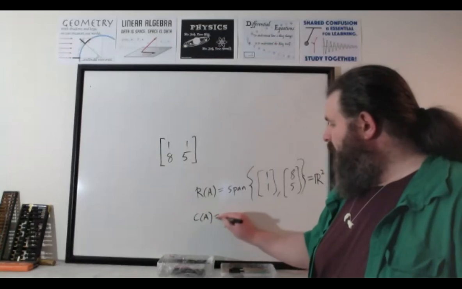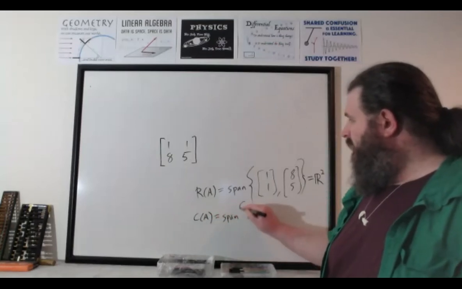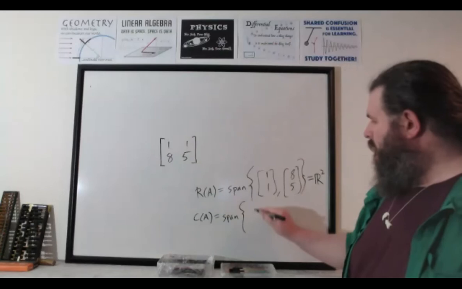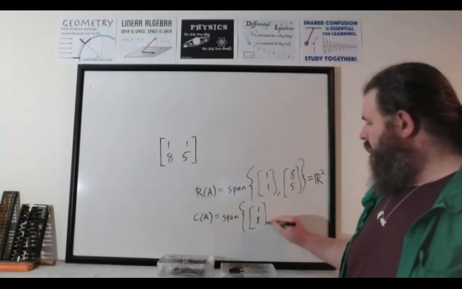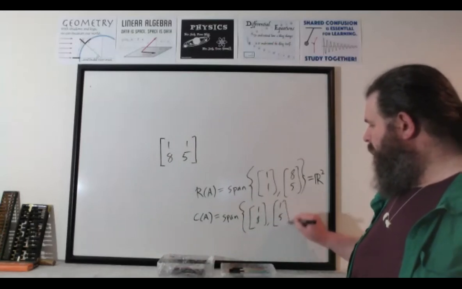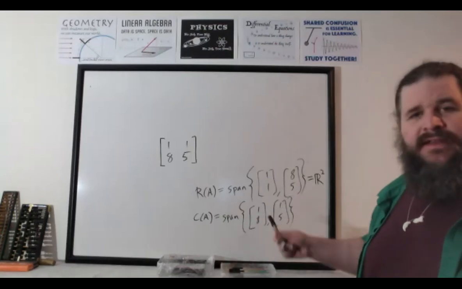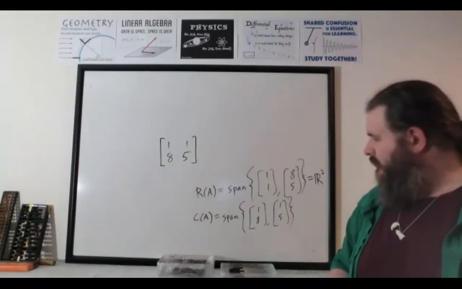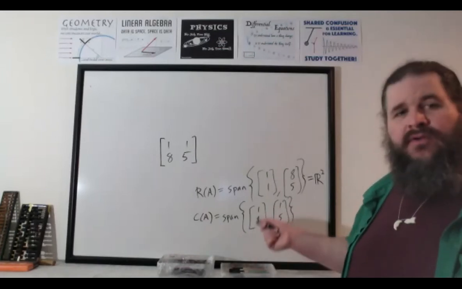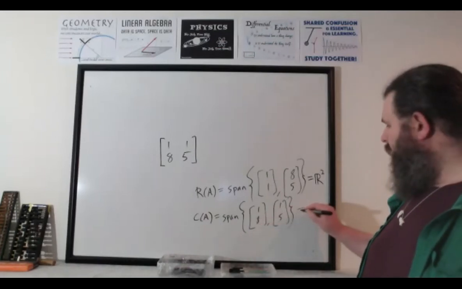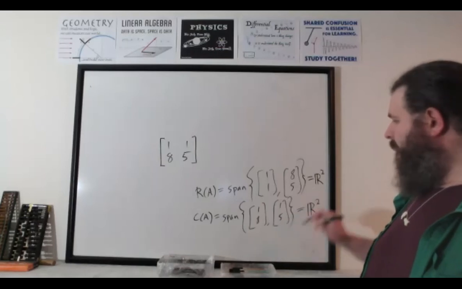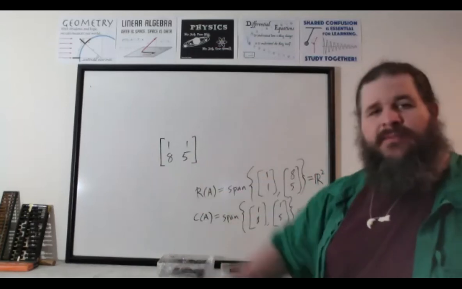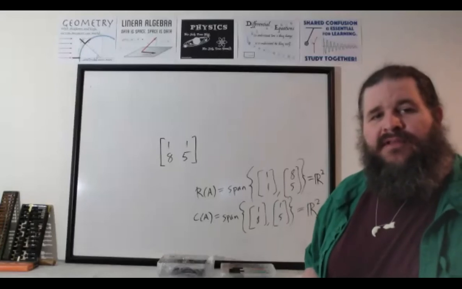And then the column space would be the span of the columns, (1, 8) and (1, 5). Are those linearly independent? Yes. So that means the column space is also a two-dimensional subspace of R2 and is therefore all of R2. So this matrix does not actually work as a counterexample in this case.